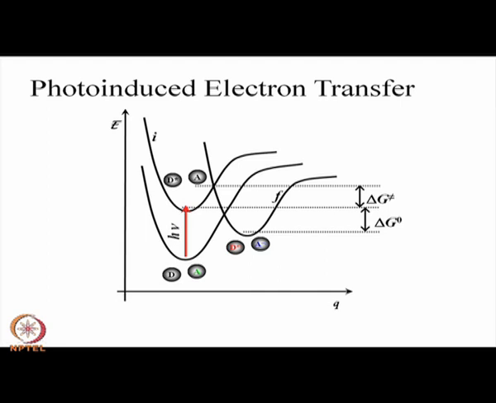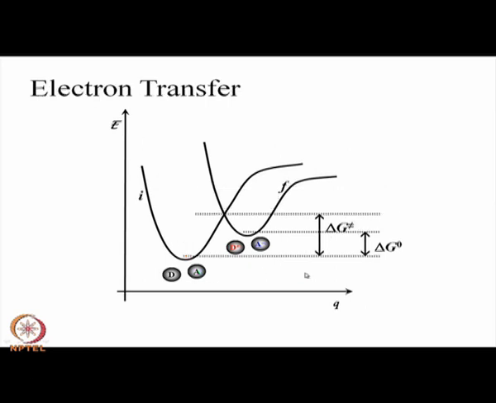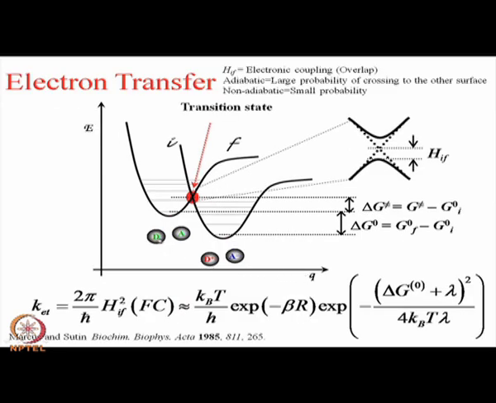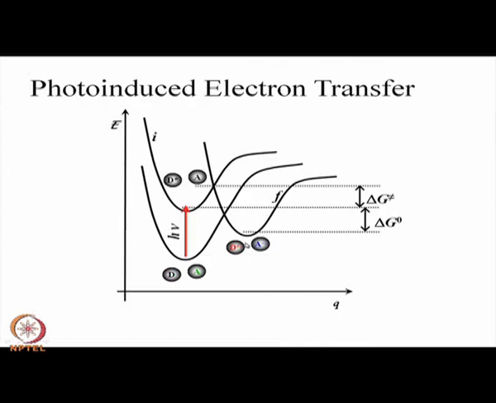Now, in the normal case, you see in the previous diagram that D A is upper and D plus dot A minus dot is lower, but here in the case of photo induced electron transfer, this diagram is changed.